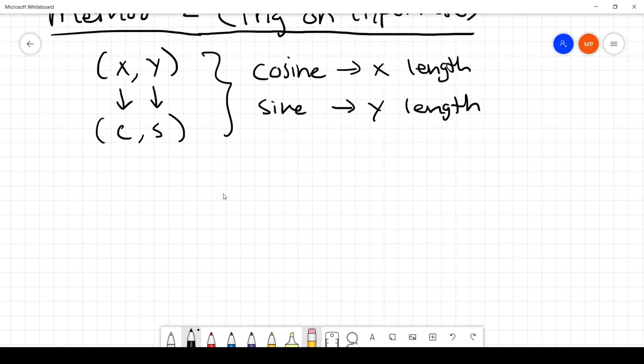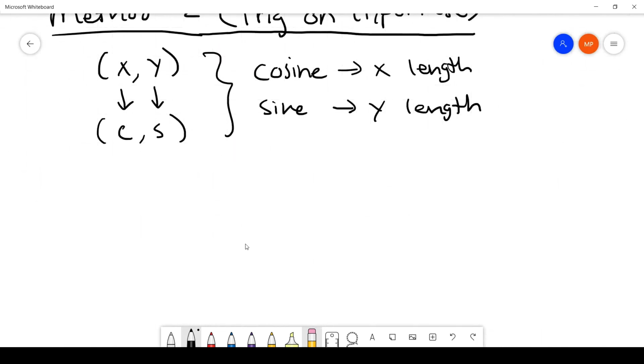And so for every single triangle, as I've mentioned before, your hypotenuse will always be the same. It's always going to be that longest length.